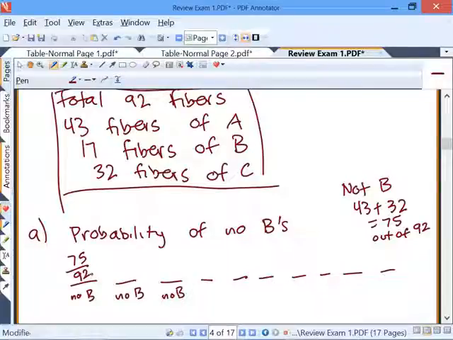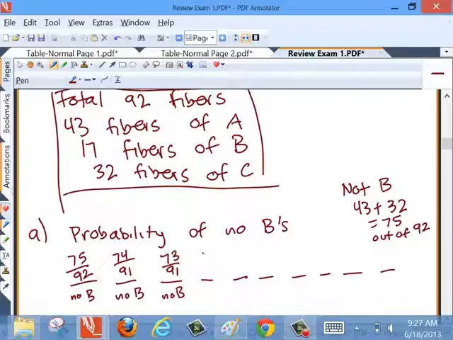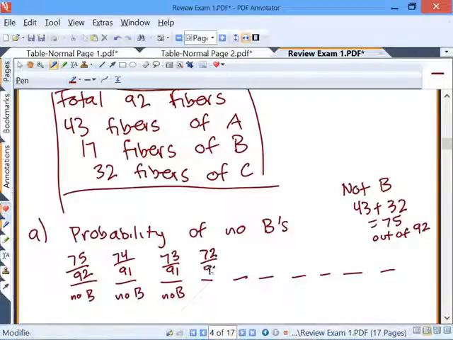But on my second draw, how many not B's do I have to choose from? 74 out of 91. My second draw will be 73 out of 91. Next draw, 72 out of 90, 71 out of 89, 70.